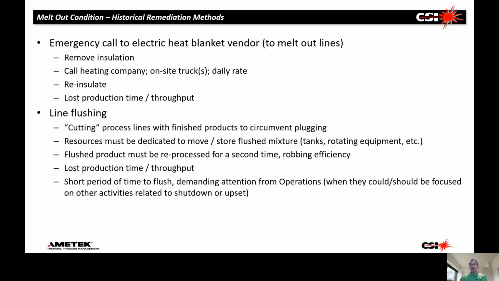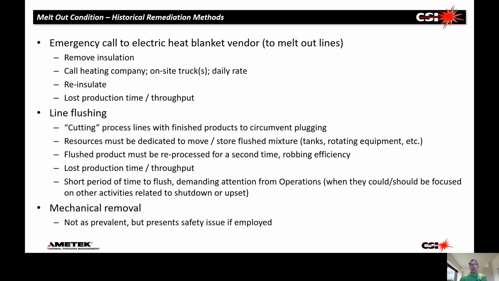The flush product has to be run to tanks, has to be run through rotating equipment, has to be reprocessed again, which leads to double processing, lost production time, and a short period of time for operations to get the lines flushed when perhaps their time is better spent on other events related to the shutdown or the turnaround.